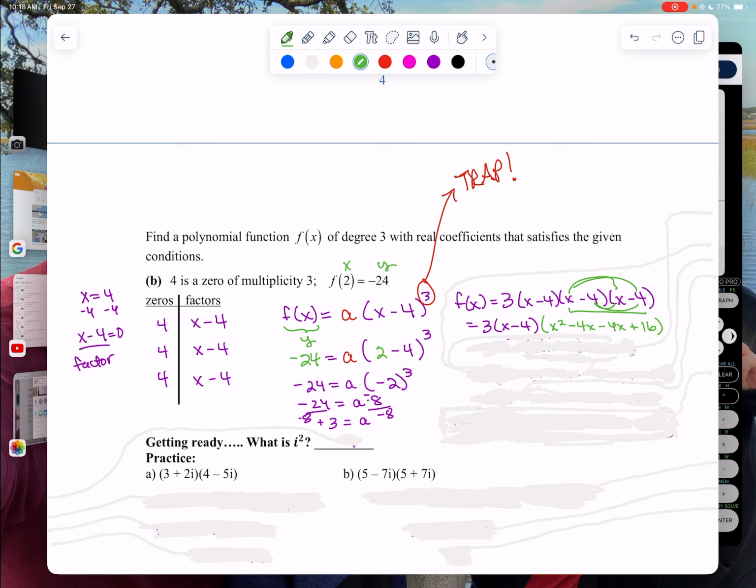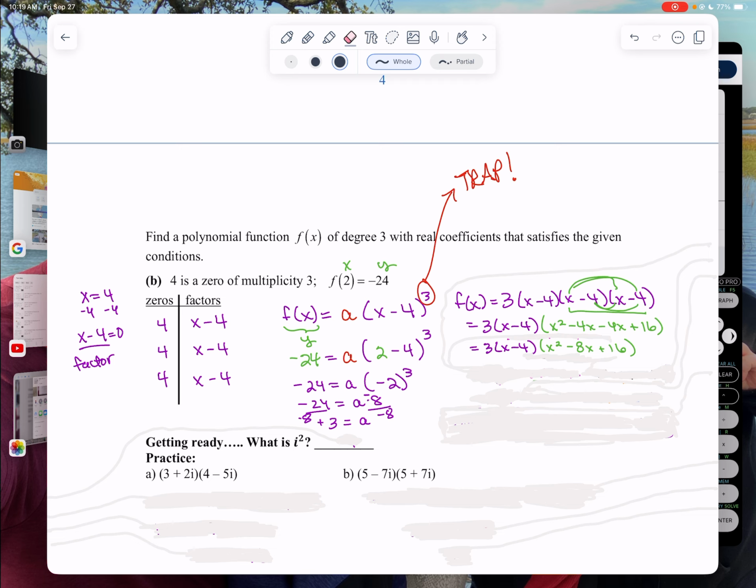All right, now once I do that, I'm going to take this guy and distribute my x to everything in here. Might be easier to go ahead and simplify. Let's go ahead and simplify. So I went ahead and simplified because I had negative 4x and negative 4x.